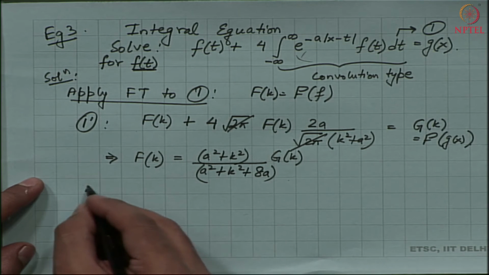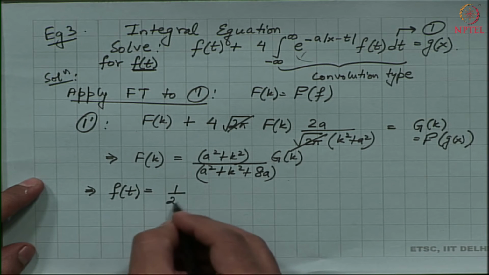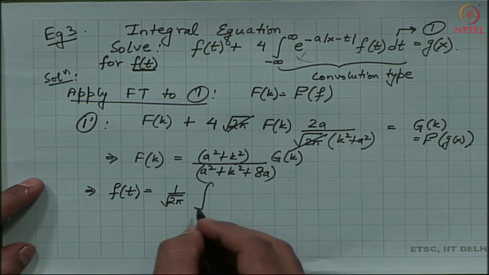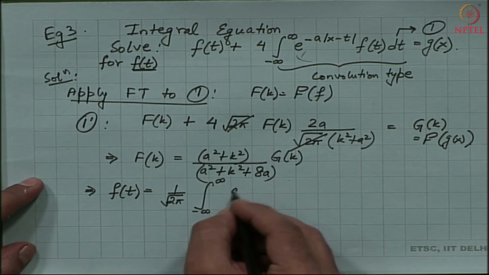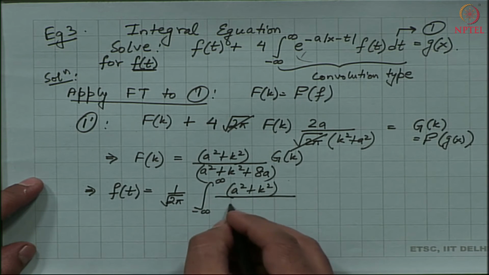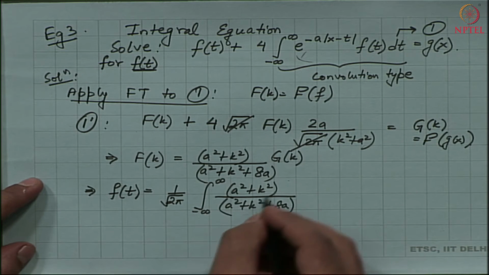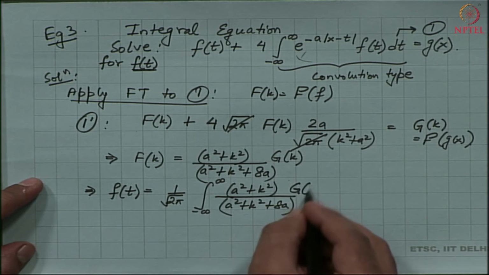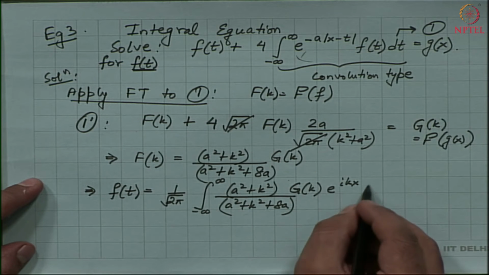So, in particular my f is 1 by square root 2 pi times the integral from minus infinity to infinity of a square plus k square divided by a square plus k square plus 8a, g of k e to the power i k x dk.